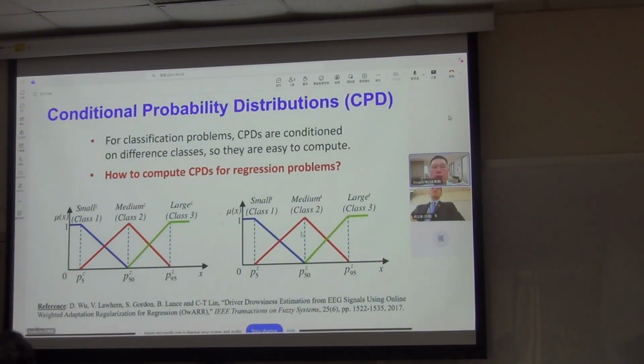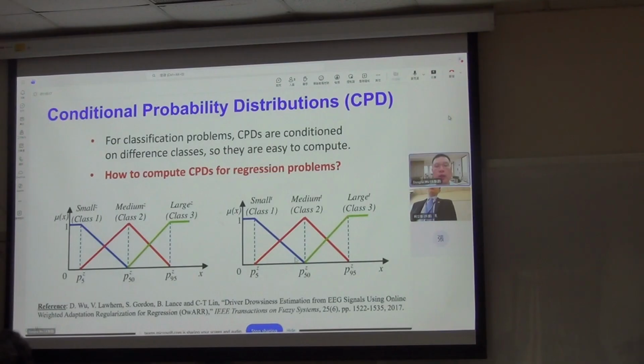We still use the simple idea introduced in a previous piece of work. For each output, we define for each subject some fuzzy sets. Here we also use 3 fuzzy sets for simplicity. So we try to align the data falling into the first fuzzy set of subject 1 with the data falling into the first fuzzy set of subject 2.